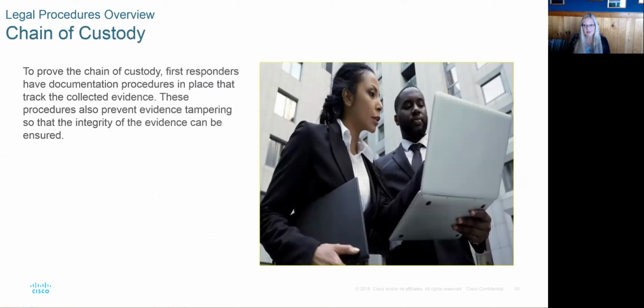For chain of custody, we need to make sure that we're protecting the integrity of the data and of the evidence. So incorporate computer forensics procedures into your approach to computer network security so that you can ensure the integrity of the data.